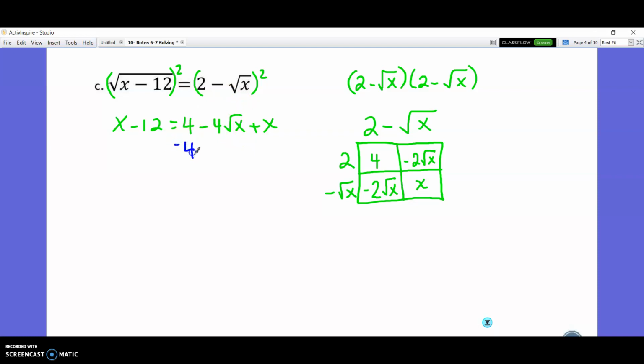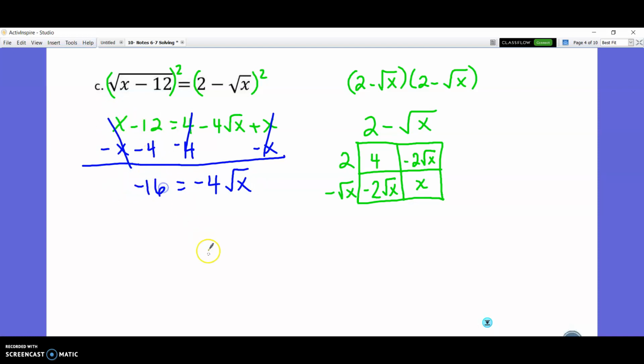So I would subtract 4 and subtract x from both sides. So I get rid of the 4 here, get rid of the x here. I'd have negative 4 square roots of x equals, got rid of the x here, and then this would be negative 16.